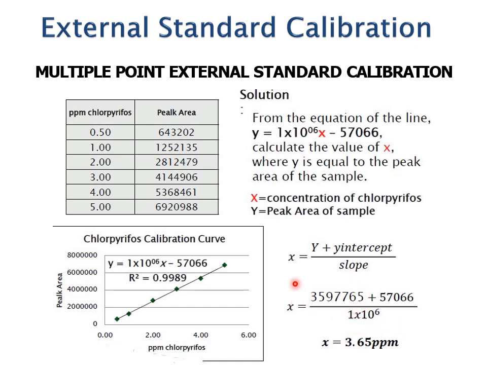So, ito, given to, ito yung binigay na data dun sa question. So, itong 57066, nakuha mo siya sa na-generate mo na equation of the line. And then, ito yung 1 times 10 to the 6. And then, kapag sinolve mo to, you'll get 3.65 ppm or parts per million.